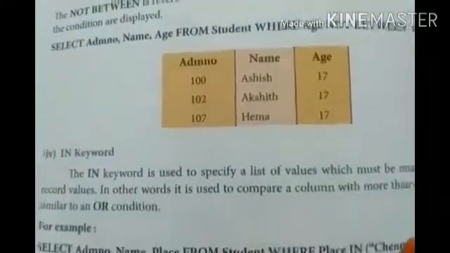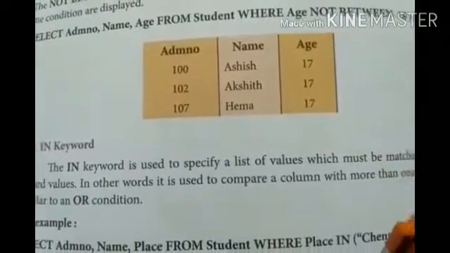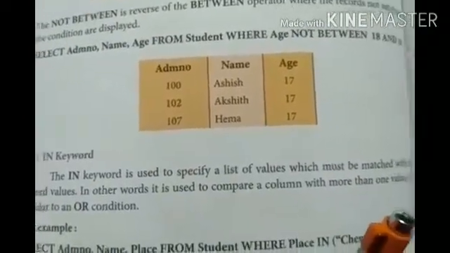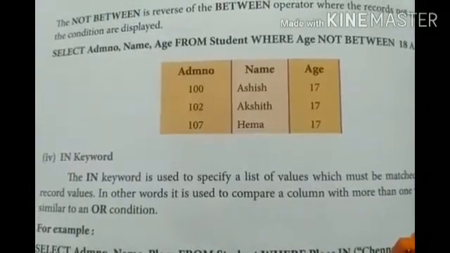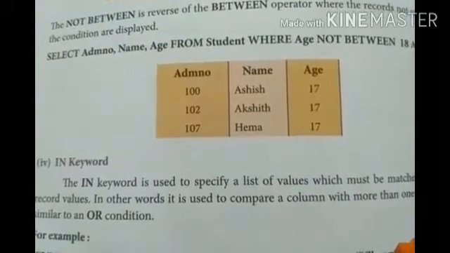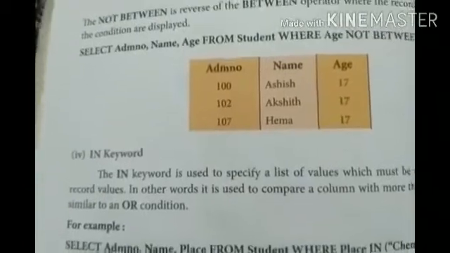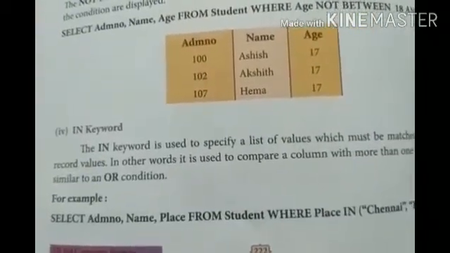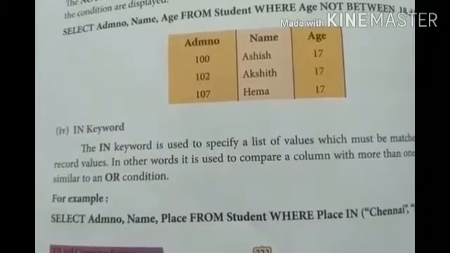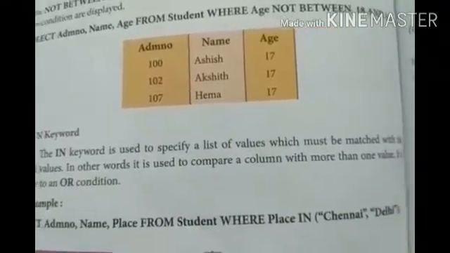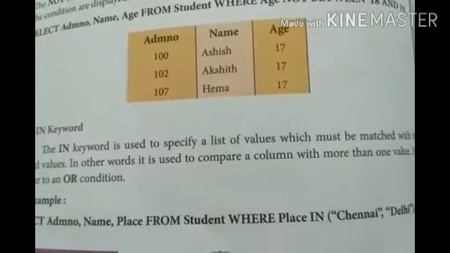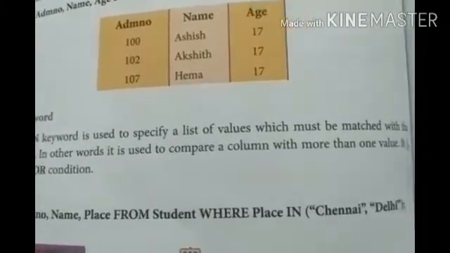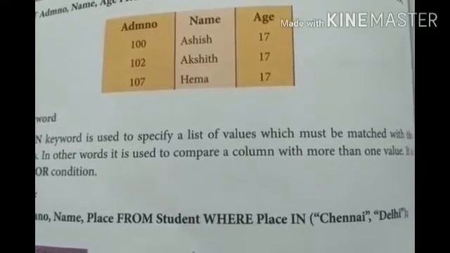Then the IN keyword. The IN keyword is used to specify the set of values which must be matched with the record values. If the record values match correctly with the values, then those records are displayed on the screen. Here is the command you can see: select admission number, name, place from the table student, where place IN, that is, the place column has the value Chennai or Delhi.